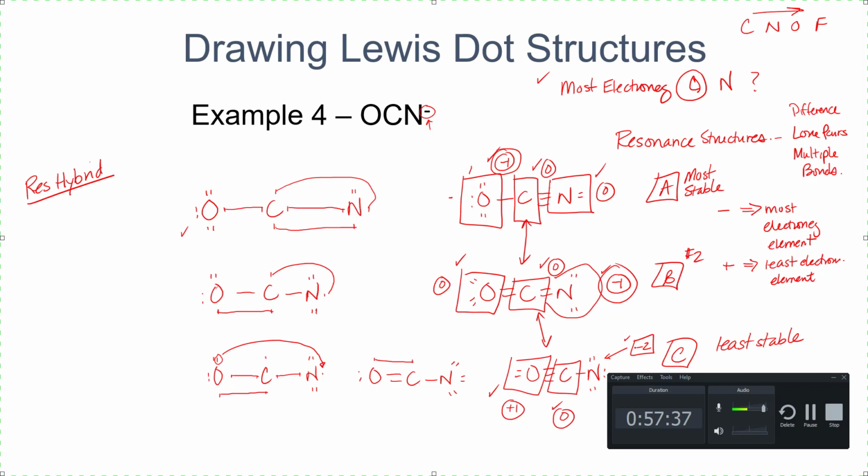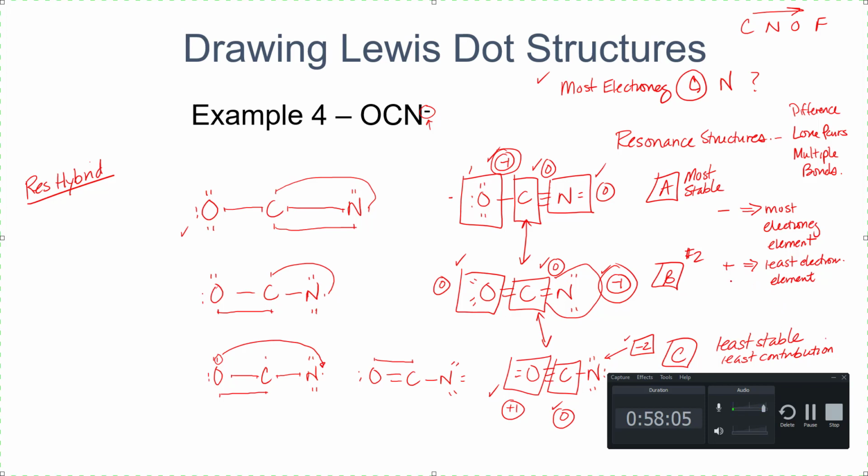Now, the first thing you might say is, well, the average of these 3 resonance structures is going to be B. And that's going to be true, but what I'm going to say here is this, that because C is the least stable, it's going to have the least contribution to the overall resonance hybrid.